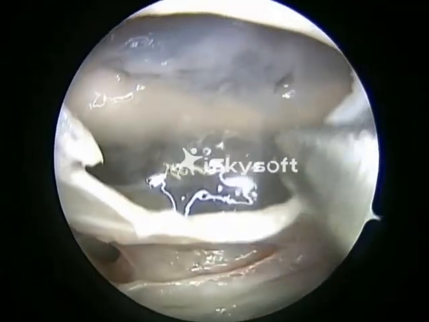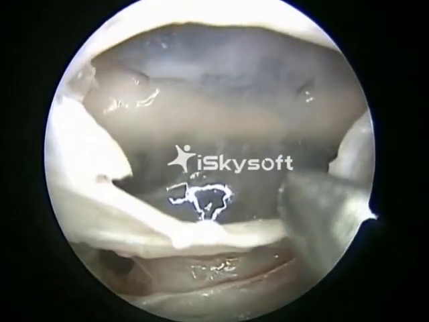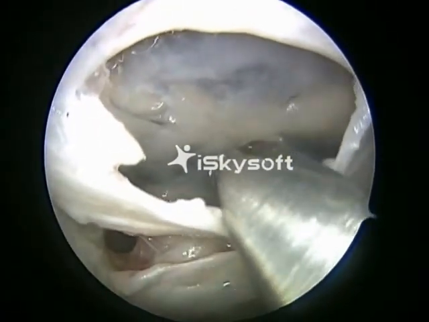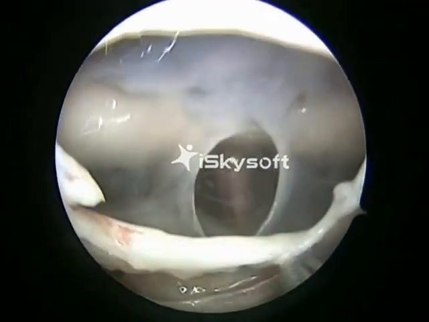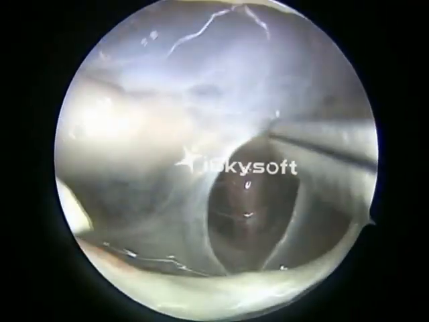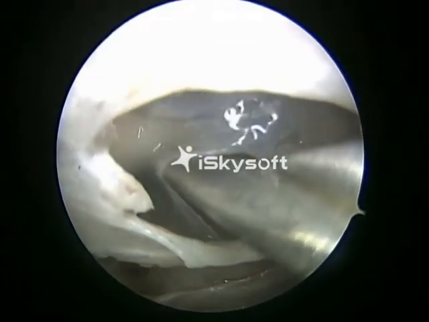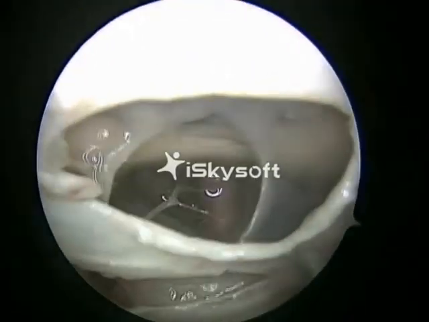You can see the optic chiasm very clearly and the pituitary stalk behind it. And we slowly, gently separate the arachnoid layer. And once we do that, we are able to see the pituitary stalk.